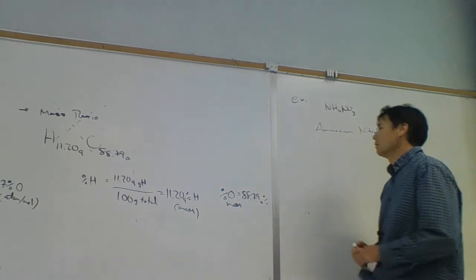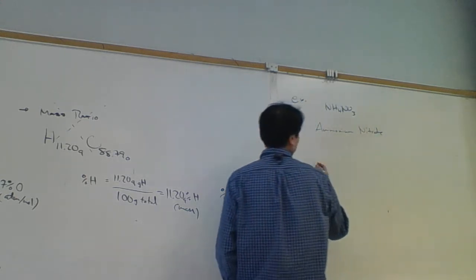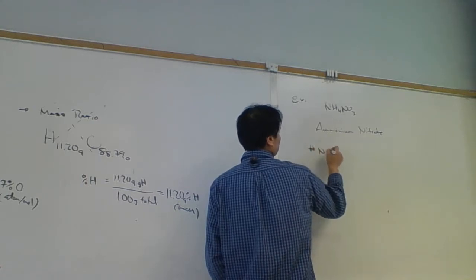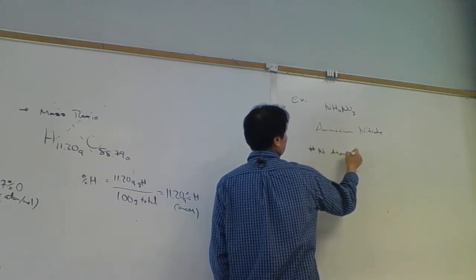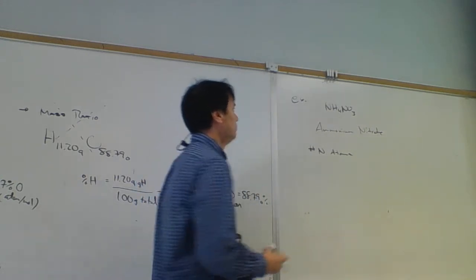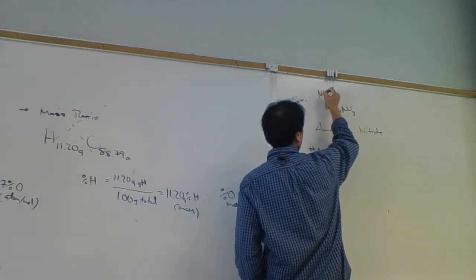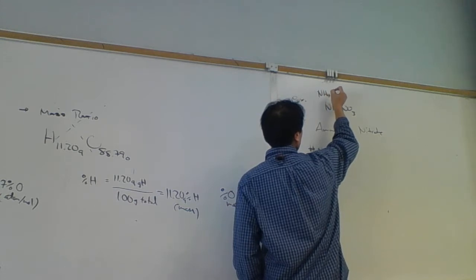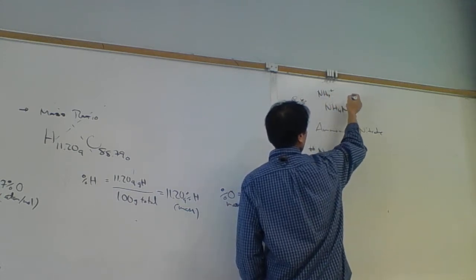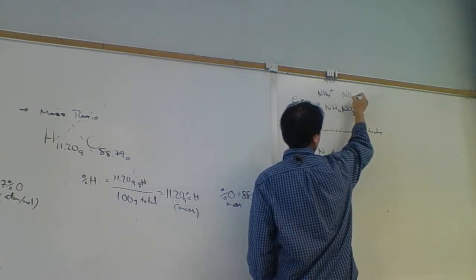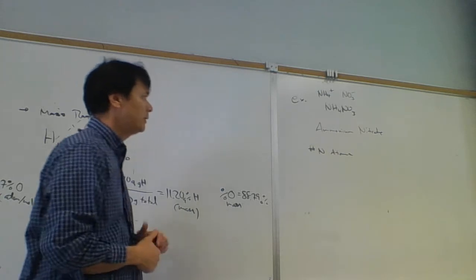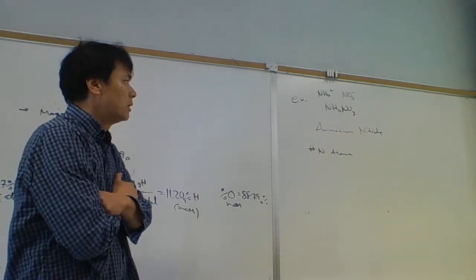All right, so for ammonium nitrate, how many atoms of nitrogen are there? This is a little bit tricky because there's one in ammonium. What was the charge on ammonium? Positive. And the charge on nitrate? Negative. And so there's 1 nitrogen in ammonium and 1 nitrogen in nitrate.